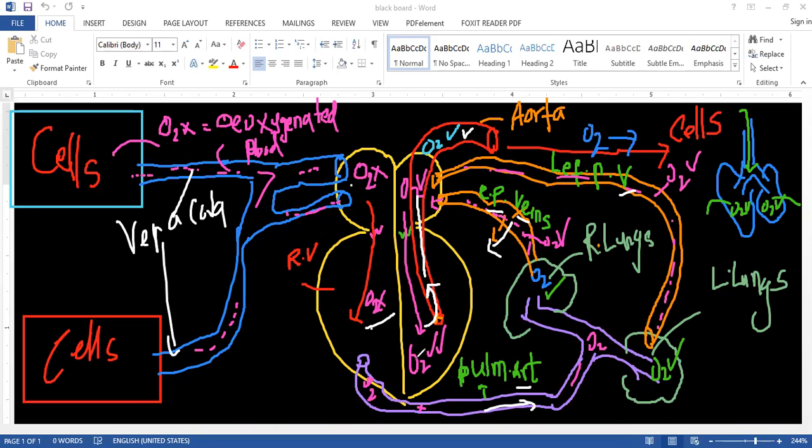Again, it goes through the aorta. This is how oxygenated and deoxygenated blood moves from the heart to the lungs and the body. I hope you got it.